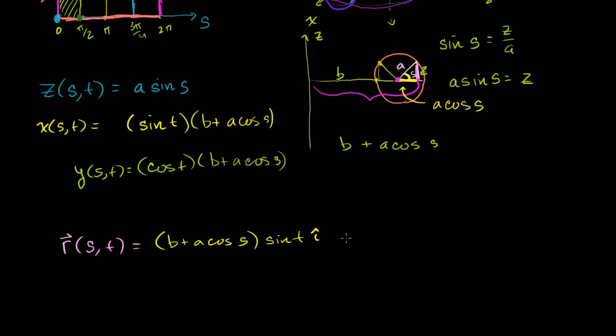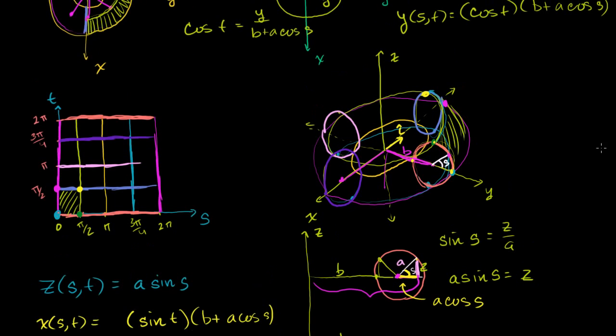And then plus our y value is going to be b plus a cosine of s times cosine of t in the y unit vector direction. Remember, the j unit vector will just go like that. That's our j unit vector.